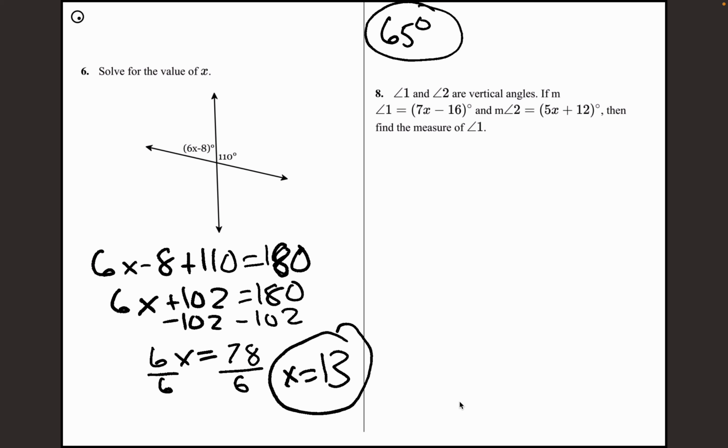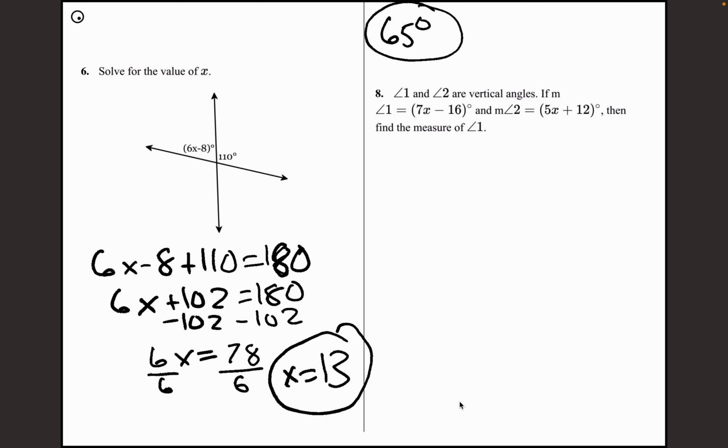We don't add them. No, we don't subtract. We don't divide, we don't multiply. How do we solve for x? What did we just say about vertical angles? They're the same.